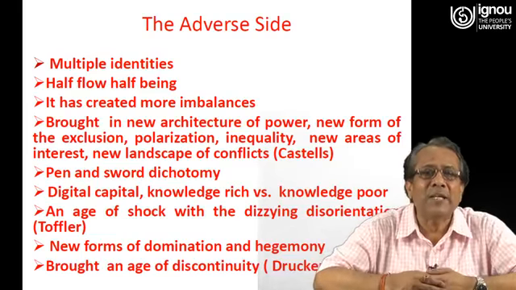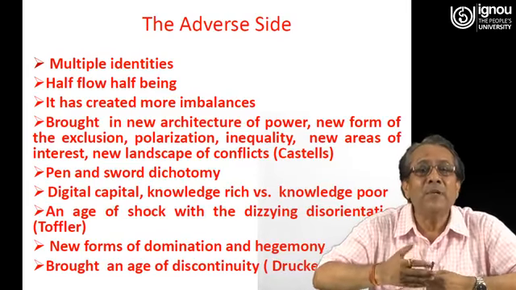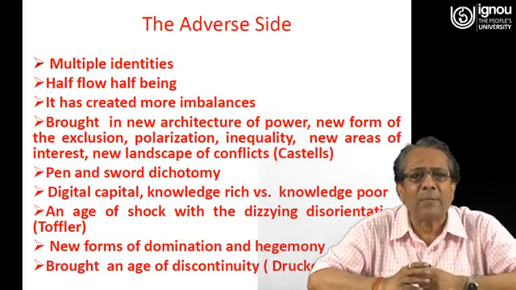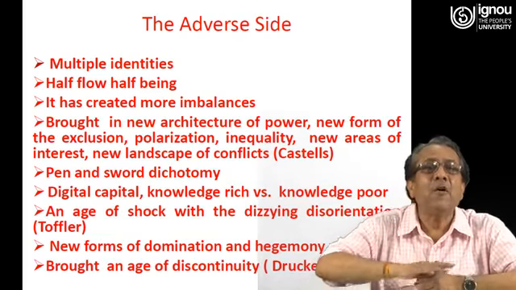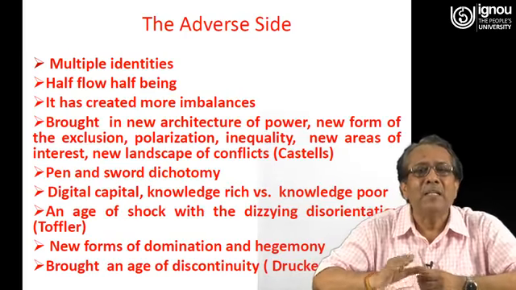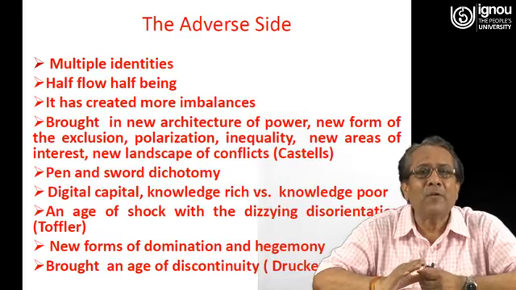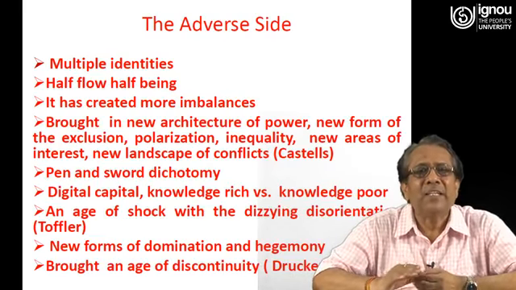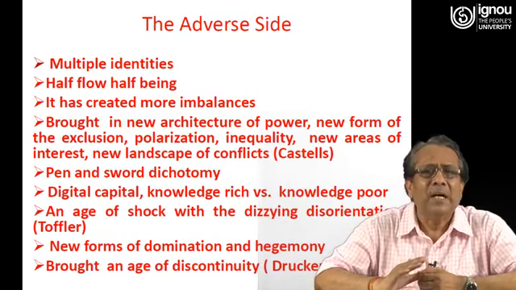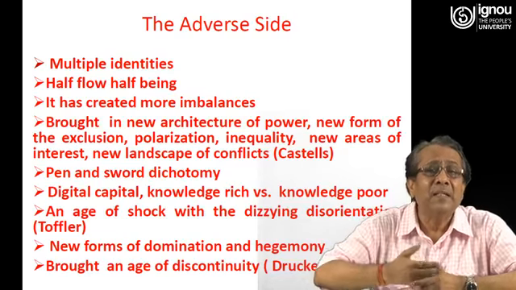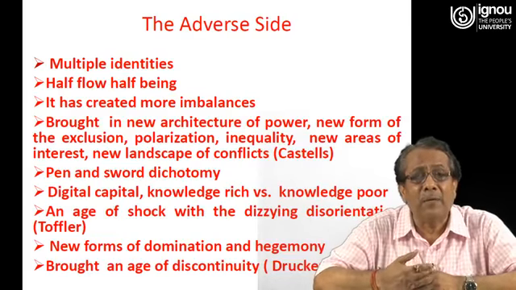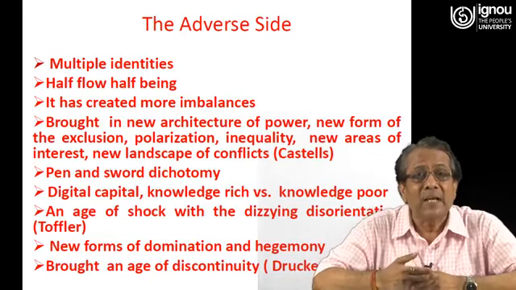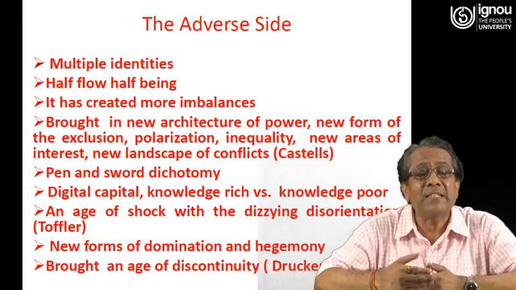Within this new architecture of power, with the emergence of new liberal economic globalization, as Manuel Castells widely talked about, there has been a recombination of power between the state and what he called the neo state, that is, the new international business organizations, and they are creating a new landscape of conflict.